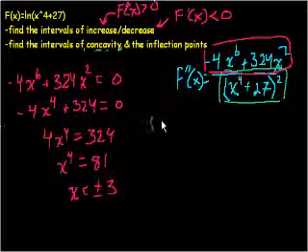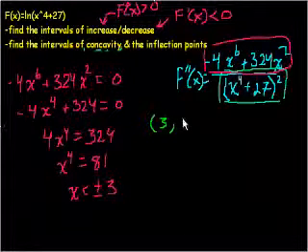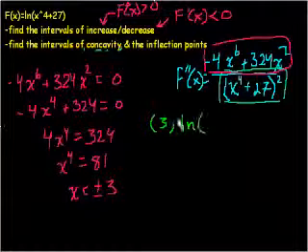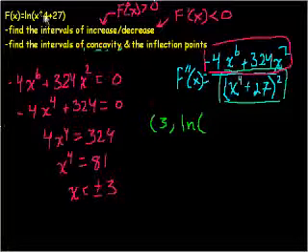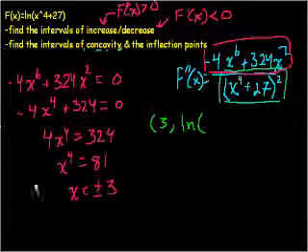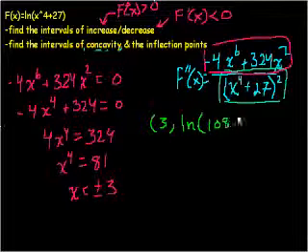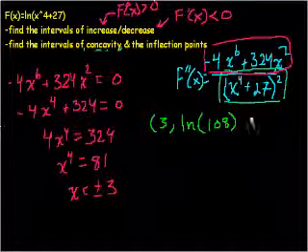Positive 3, and then you'd put 3 back in here, and the natural log of 3 to the 4th, which is 81, plus 27. 81 plus 27 is equal to 108. So it's the natural log of 108, whatever number that might be.